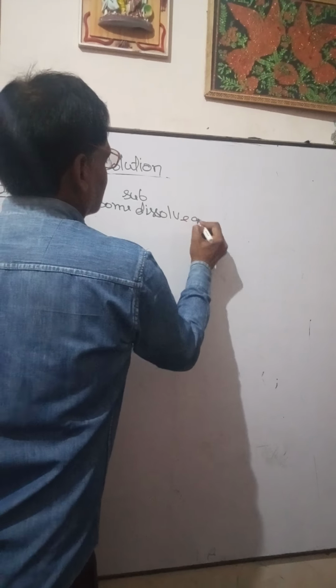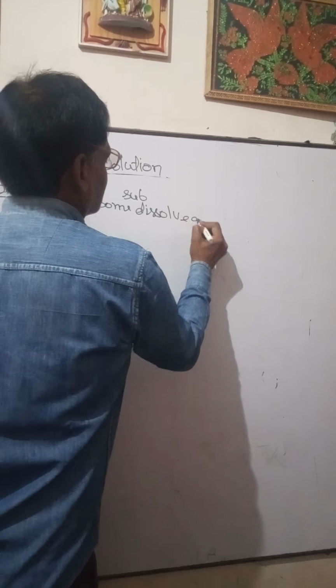Then what are we going to get here? Delta G will be positive. The salt will dissolve only when we supply heat to the solution or to the system. Then the salt will dissolve in the water. So this is one concept of dissolution which you should try to understand.